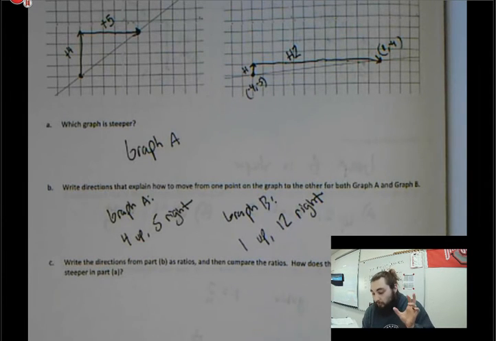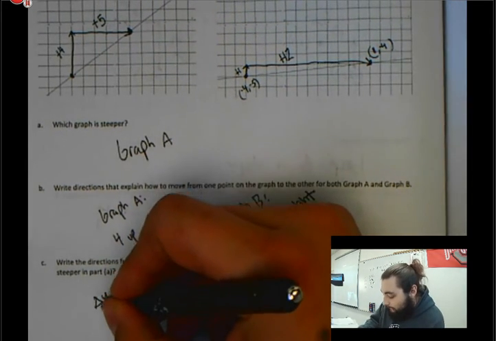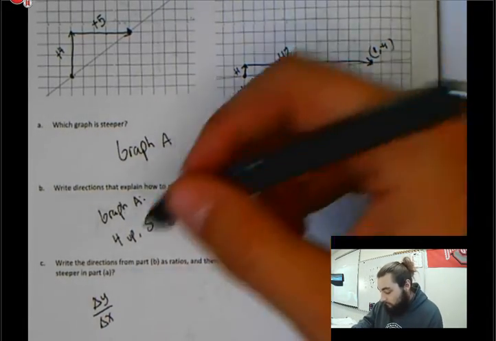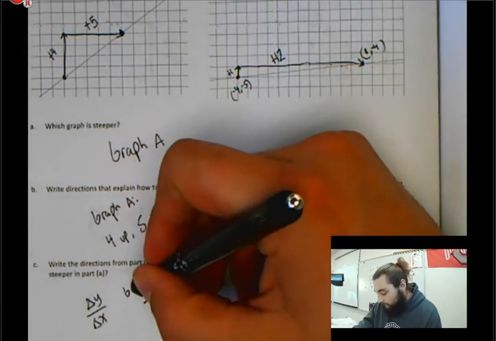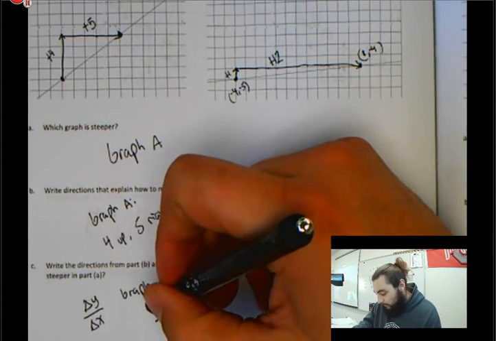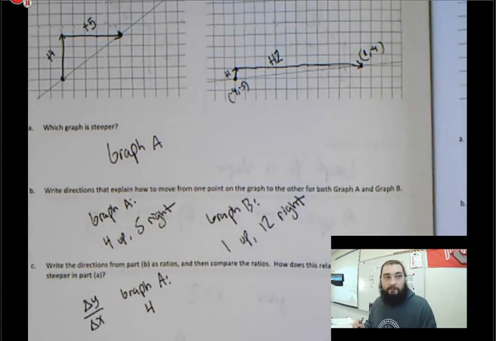So let's find what the slope of graph A is, and what the slope of graph B is. The way we do that is we look at the change in y over the change in x. For graph A, our y is an increase of 4, so it's a positive 4.